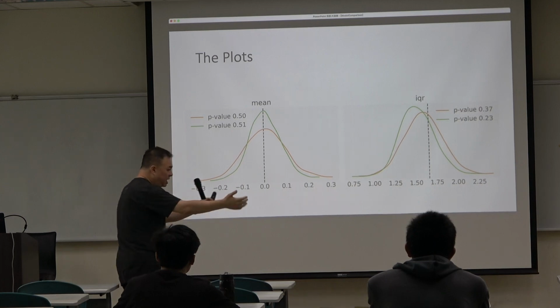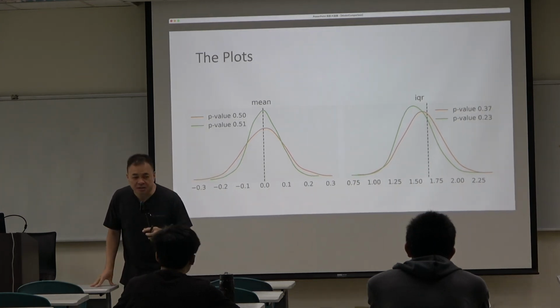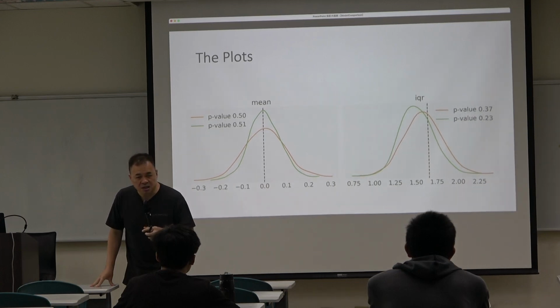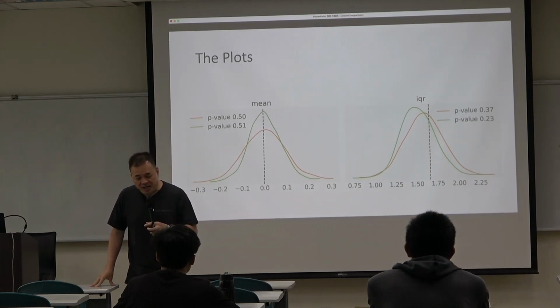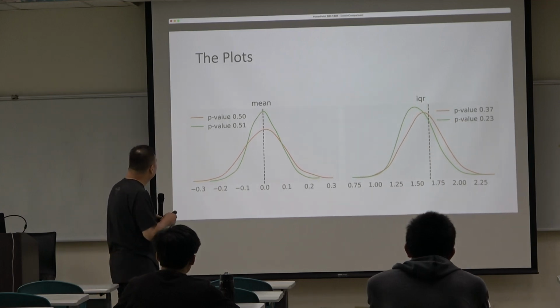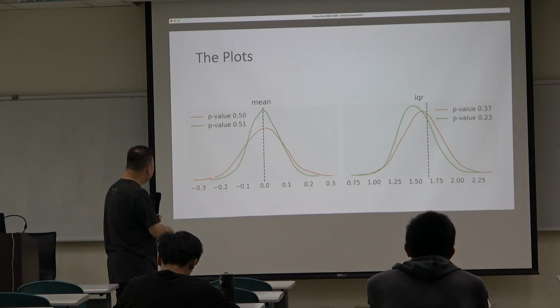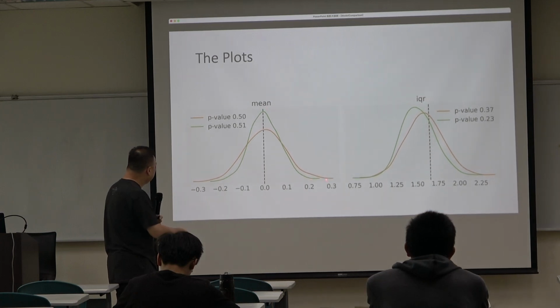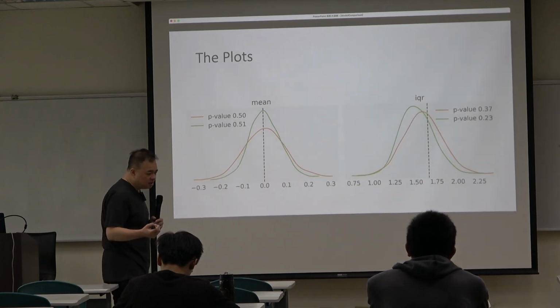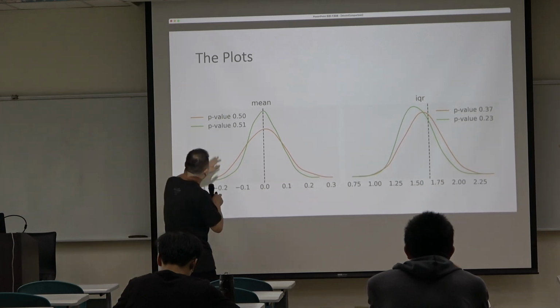Because each time you get some samples from the distribution, you get a mean, right? So you can do this multiple times, and that represents the distribution of the mean. So again, the orange one represents the linear model, and the green one represents the quadratic model.